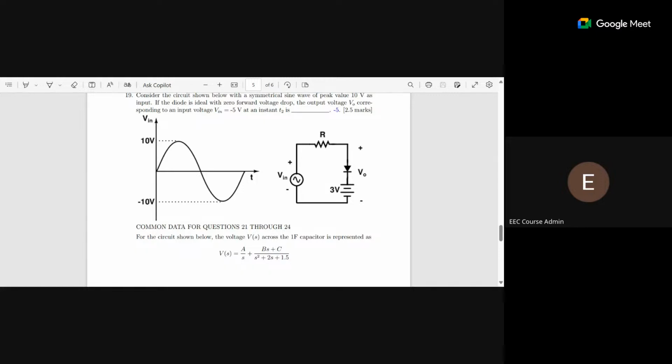Till positive 3 volts, it won't conduct, and after that it will start conduction. So above 3 volts, we shouldn't see any output voltage, right?